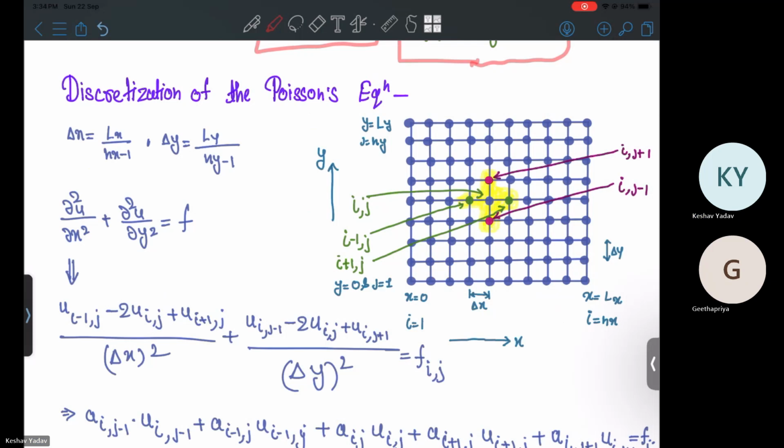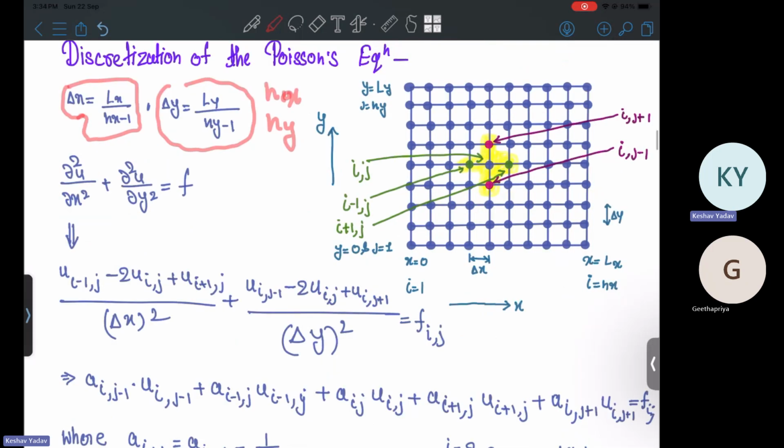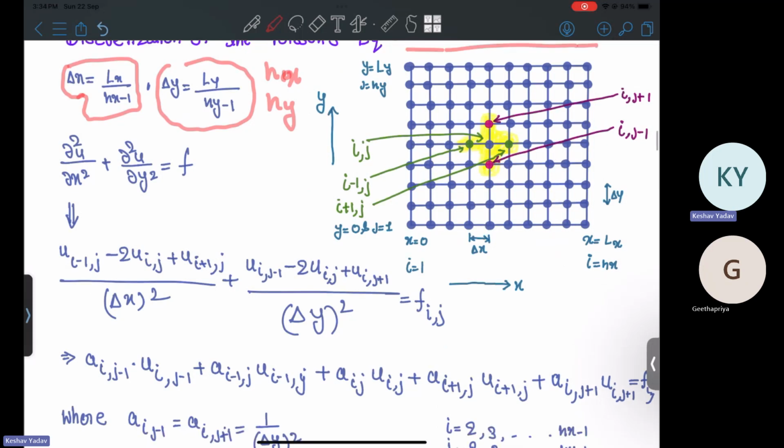So we assume delta x equal to Lx divided by nx minus 1. Similarly, delta y will be equal to Ly divided by ny minus 1. So we are considering nx small sections in the x direction and ny small sections in the y direction. This is how our grid will look. x starts from 0 going to Lx, which means i starts from 1 and goes to nx.